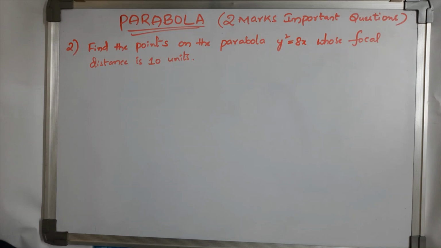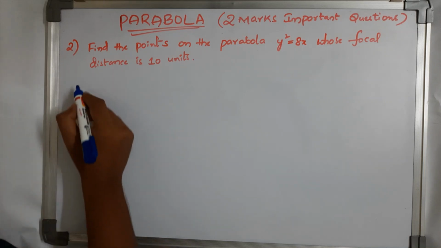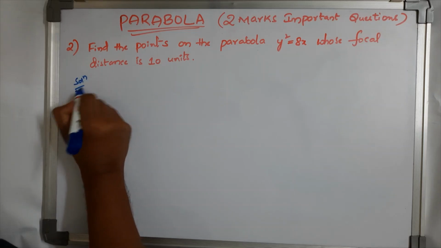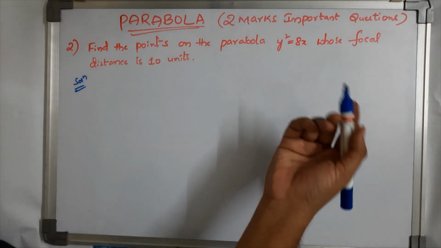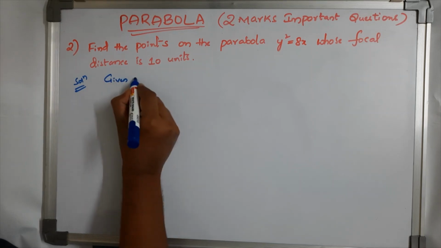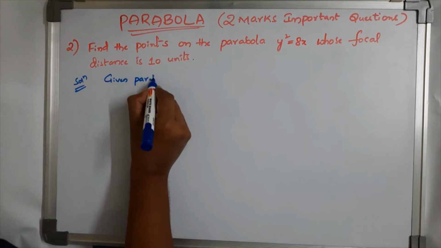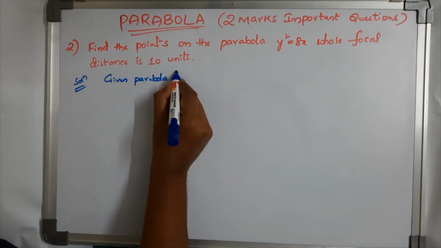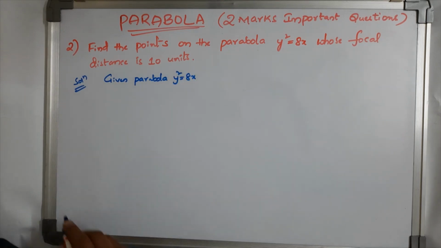Now the second question is similar to the first one. We have to find the points on the parabola y square is equals to 8x whose focal distance is 10 units. So as we directly go into the solution part, the given parabola y square is equals to 8x.